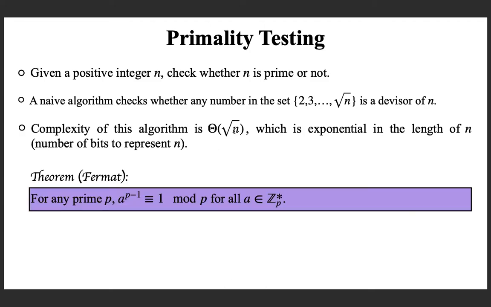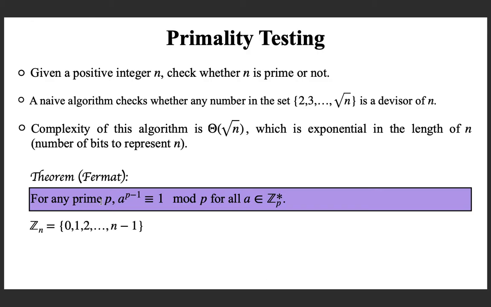Now recall Fermat's theorem, which tells you that for any element A in this multiplicative group, a to the power p minus 1 is congruent to 1 mod p for all prime p. This is Fermat's theorem. I hope you remember it, otherwise for such mathematical basis you go back and see the previous lecture.